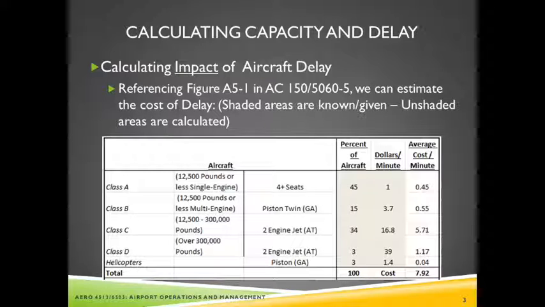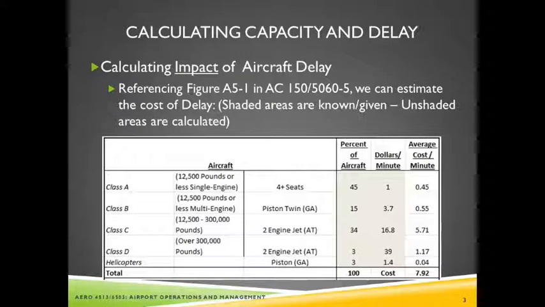In sheet 2 of the calculation worksheet that's in your resources section, you will find a worksheet that looks like this, and it's in there to help you work through calculation of delay cost. Now, given the percent aircraft in the shaded section, we can calculate the average cost per minute for that class of aircraft.